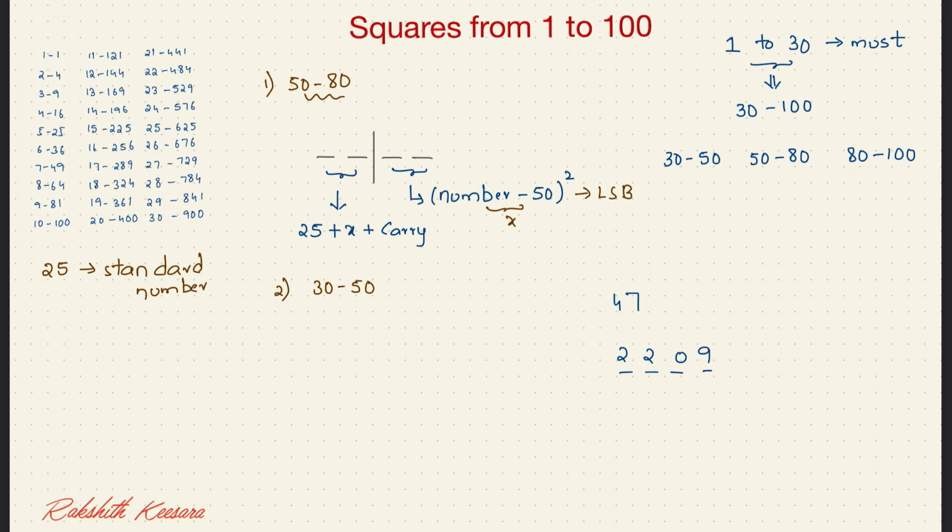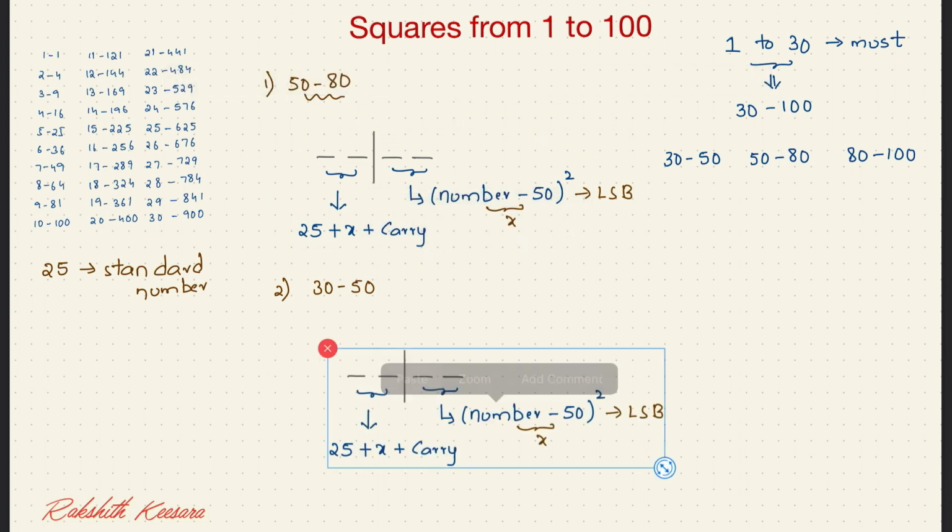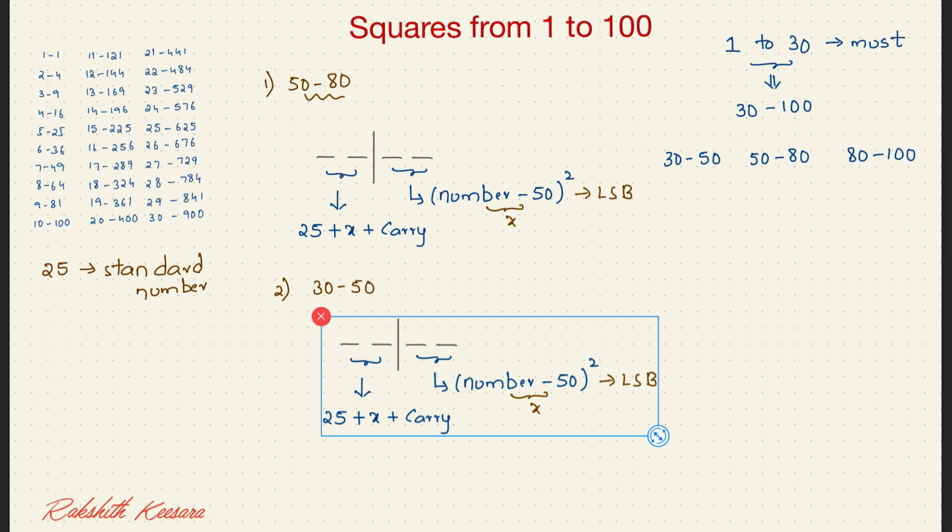Great. Now I will write the generic formula for numbers between 30 to 50. Copy and paste. So what are the changes here? Instead of number minus 50, you need to do 50 minus number, right?